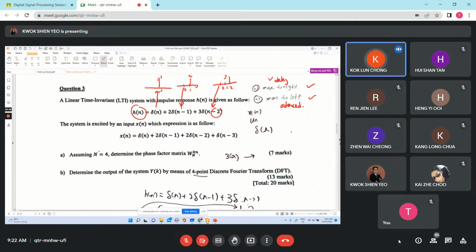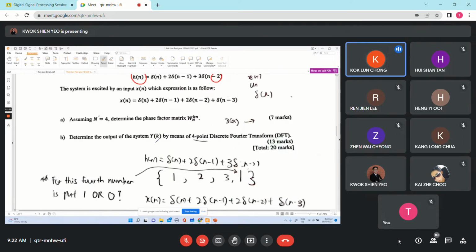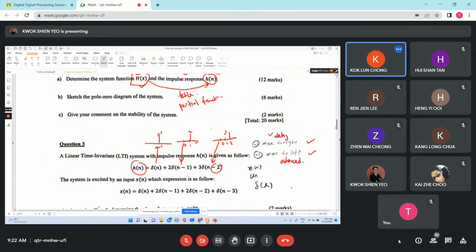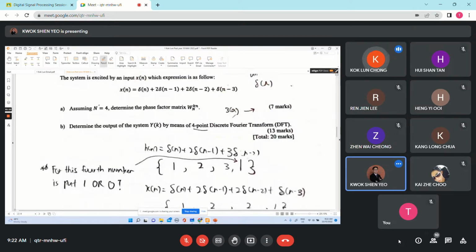For question 3, we need to determine the output of the system using the DFT. It is 4 points. So for the HN, I must add one more number for it, right? Yes, you must add a zero.